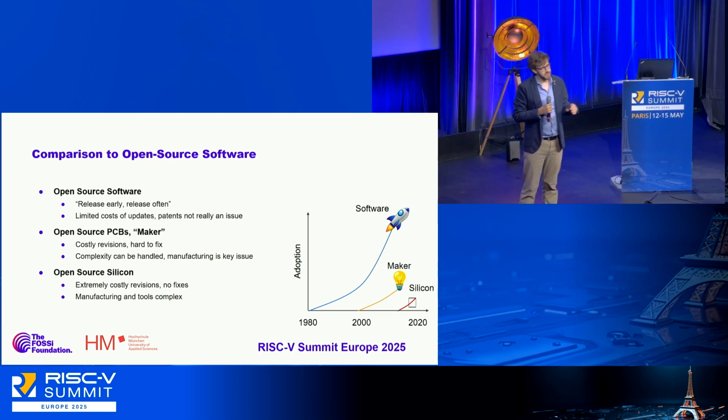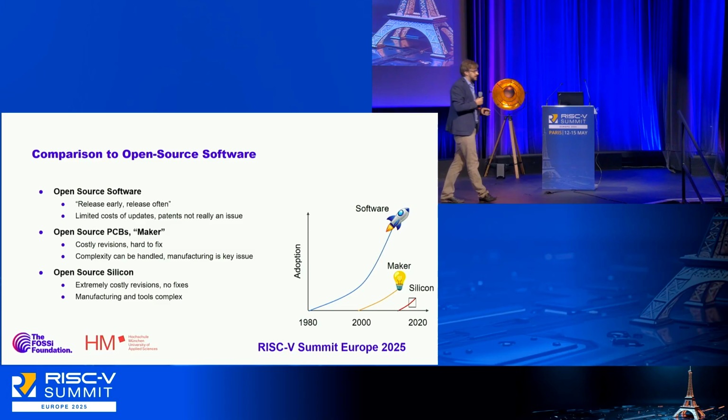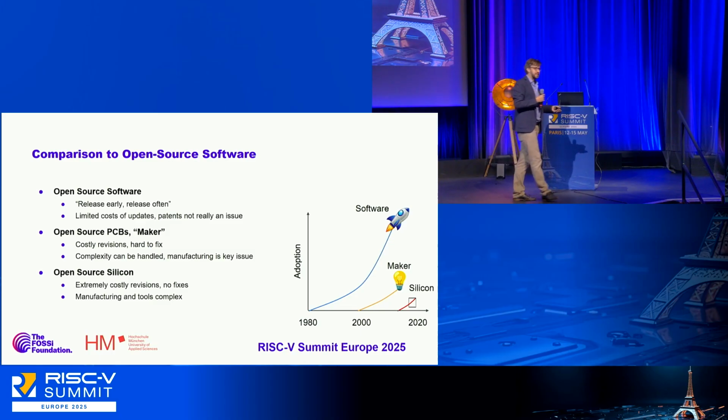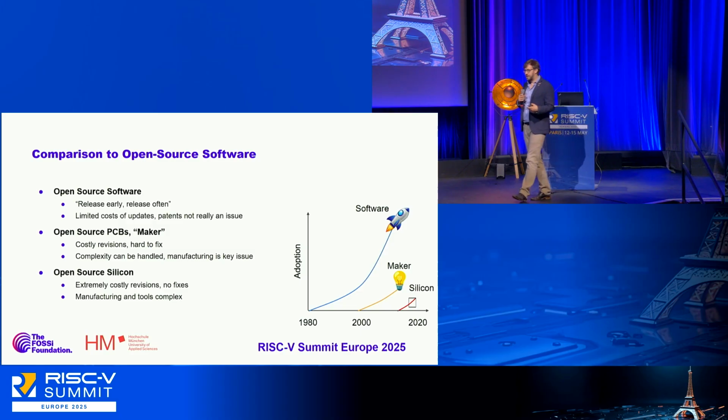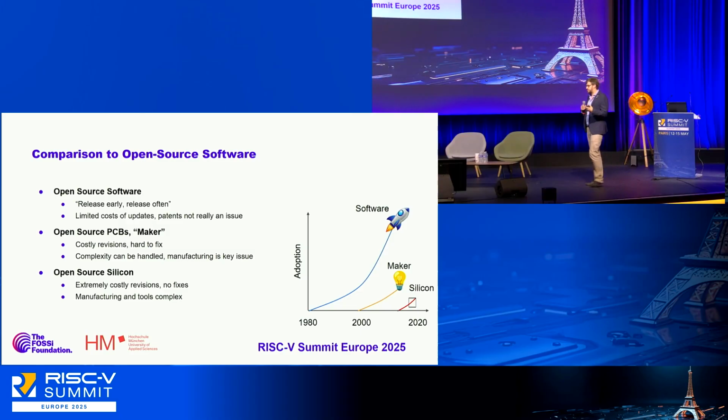But we've already seen for the last roughly 20 years this whole hobbyist maker scene, right? So there's some first experience in hardware, which is of course different from silicon design, but you see some uptake there. You see people adopting it, building on designs of others. This whole maker scene is really taking off. In silicon, I would still say we are in early days, despite the successes we already see.